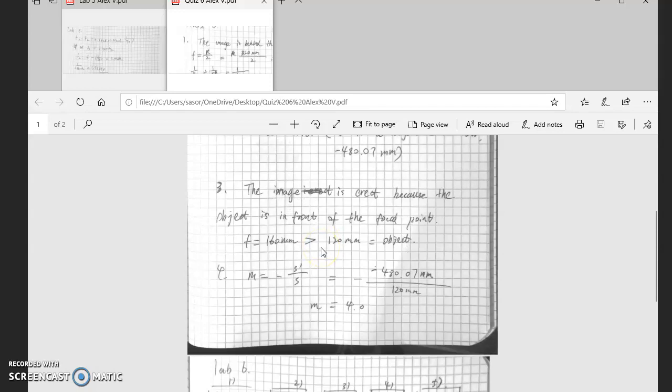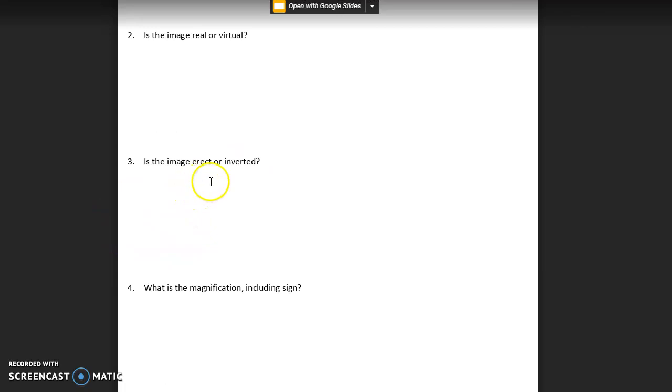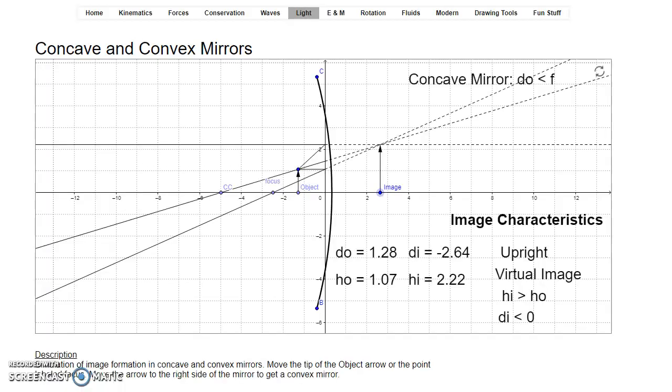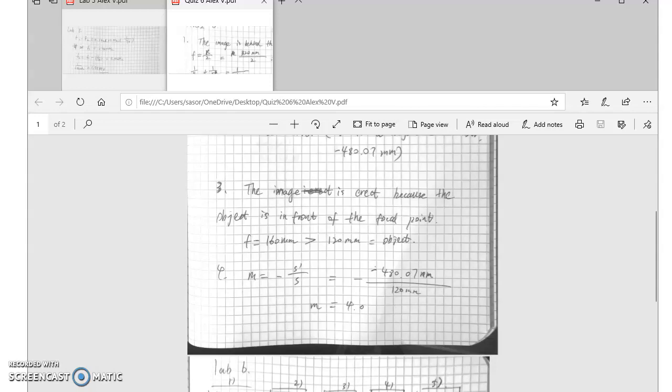The third question is whether the image is erect or inverted. In the simulation we can see that the image is actually erect. That's because the object, which is your face, is in front of the focal point.